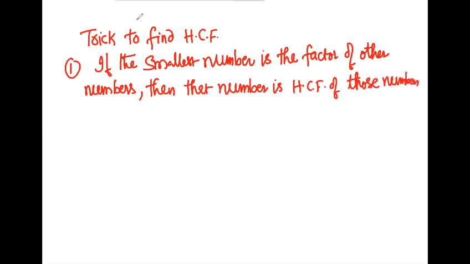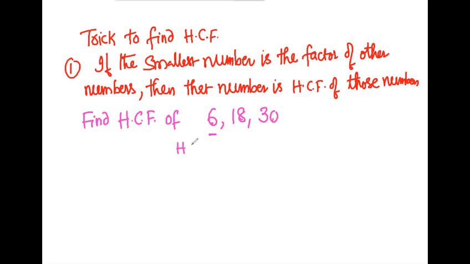For example, find the HCF of 6, 18, 30. Among these three numbers, the smallest one is 6 and it divides 18 and divides 30. 6 threes are 18, 6 fives are 30.